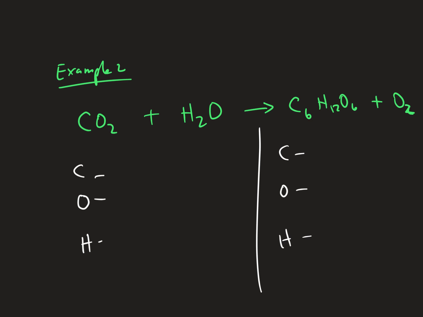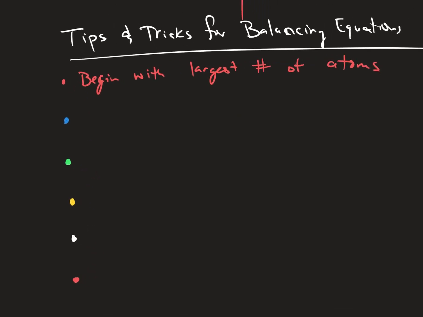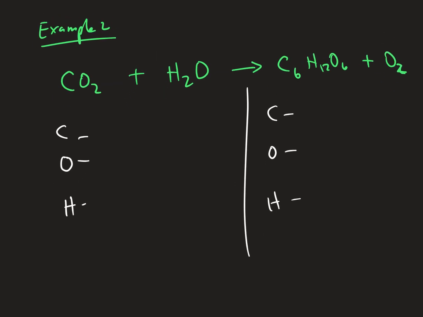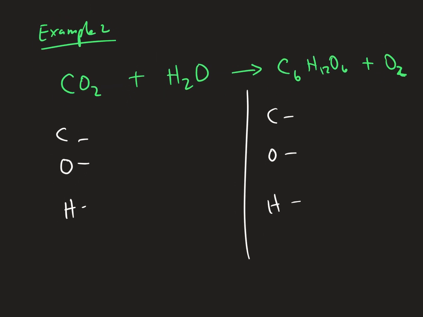If we're following this tip, begin with the largest number of atoms. Which one has the largest number of atoms? C6H12O6, glucose, right? Let's start there. And don't get me wrong, you can start at CO2, no problem. But you just might have to go back and forth more times. That's all, okay?